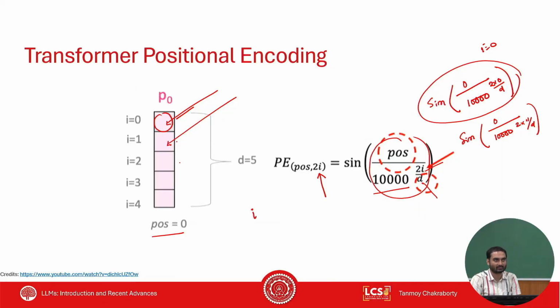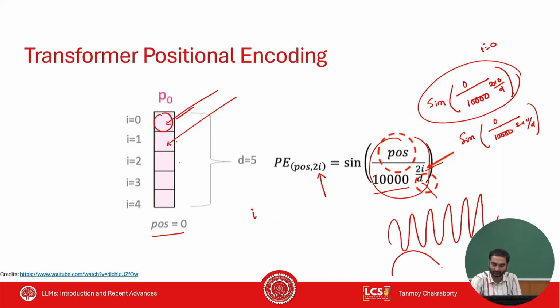If i is a large number, then the frequency will be less, and we know that a high frequency sine curve looks like this, and the low frequency sine curve may look like this. So we capture the first or the upper part of the vectors through the high frequency sine wave, and the lower part of the vector by the low frequency. Upper part means i equals 0, i equals 1, and so on. So more or less you understood the concept, right?